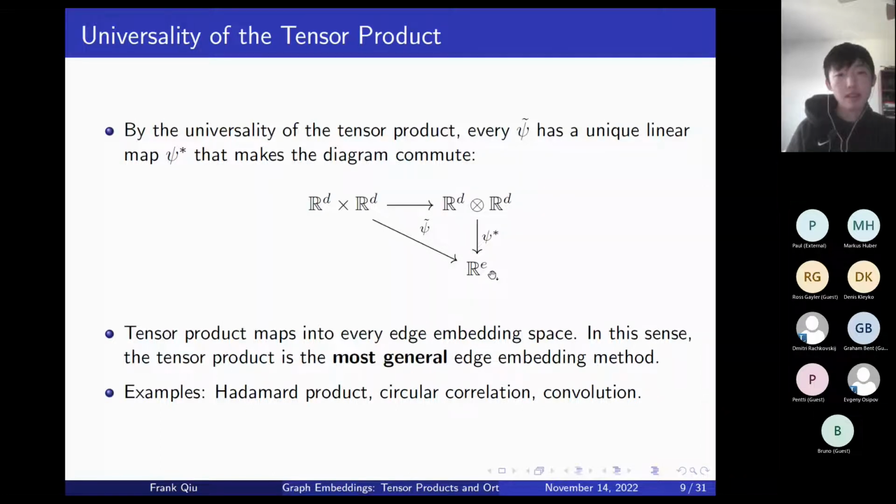So in this sense, the tensor product maps into every edge embedding space for every edge embedding method that respects superposition, and it is the most general edge embedding method. Examples include the Hadamard product, which is just the diagonal of the tensor product, circular correlation, which sums along one diagonal, and the convolution, which sums along the other diagonal going in the opposite direction.